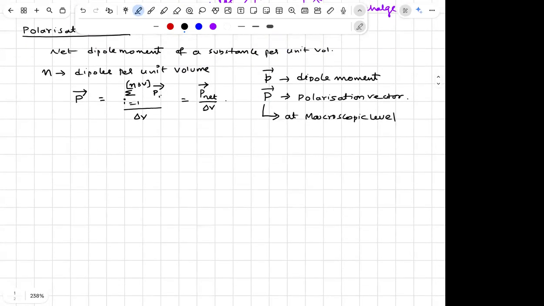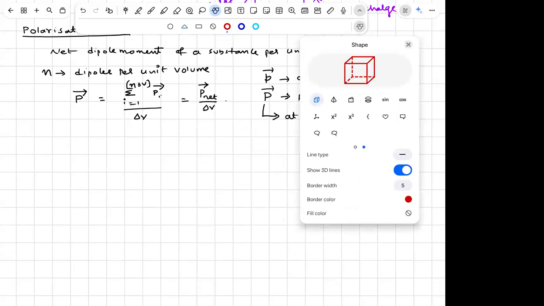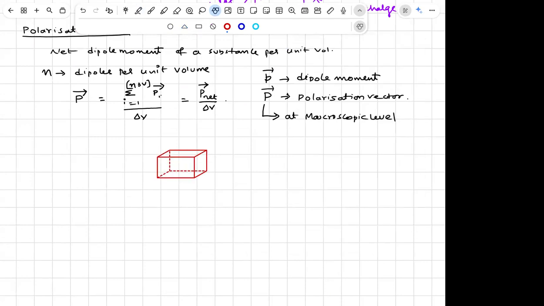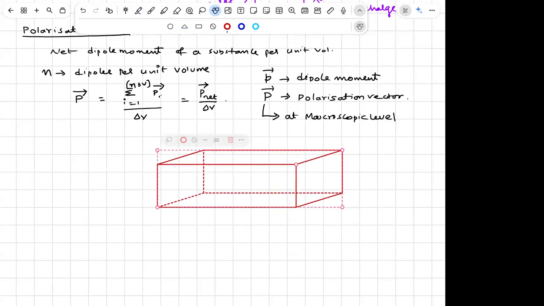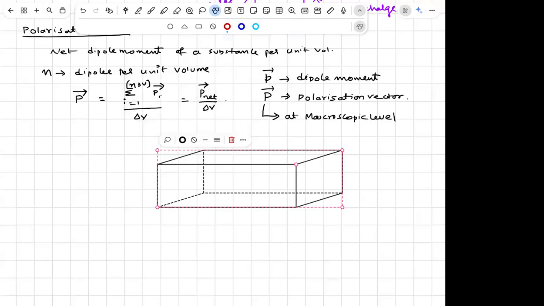Now I want to understand something like this. I have a dielectric material. Imagine that this is a dielectric slab.